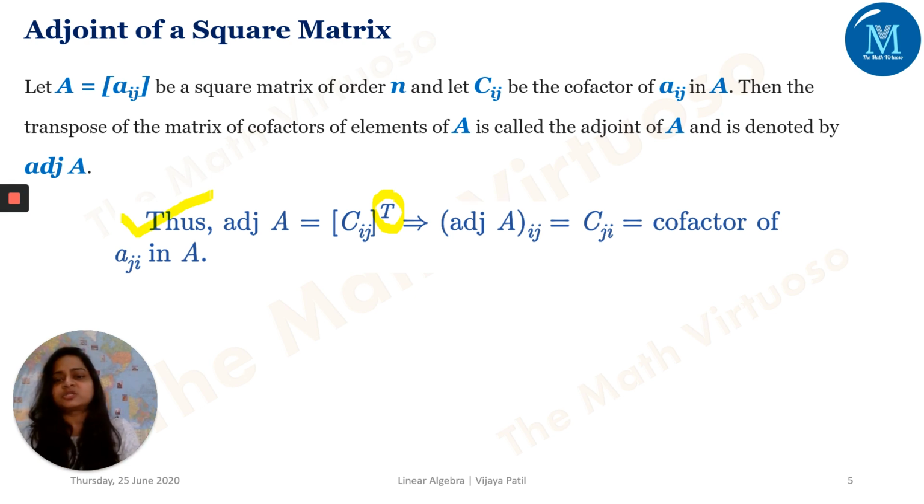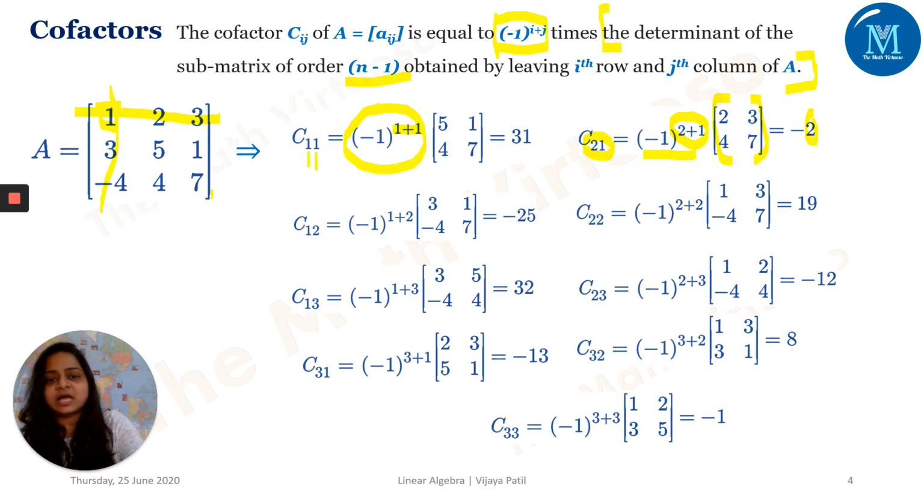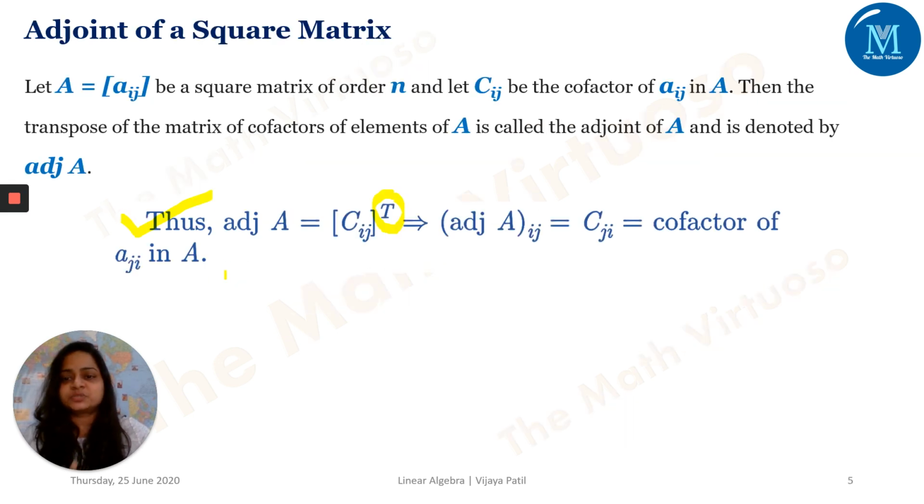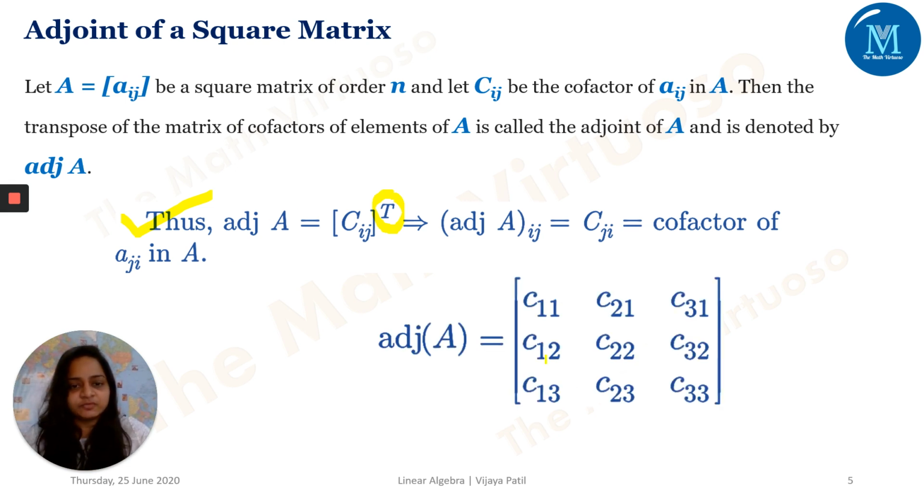You have to find the matrix of cofactors, as we did earlier. Suppose, for example, I need to find the adjoint of this matrix. I write down my matrix of cofactors: C11 here, C12 here, C13, and so on. If I take the transpose of this matrix, I get the adjoint of this particular matrix A. So the adjoint of A is the transpose of that.